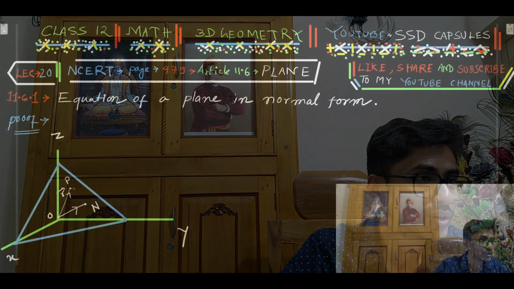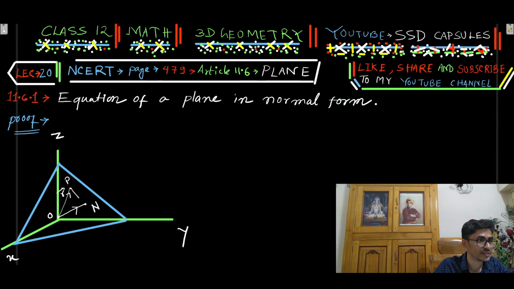Also the point P lies on the plane. So if we join this point, this is say NP vector. So NP vector lies on this plane. And the n vector is perpendicular drawn from the origin to the plane. So n vector is perpendicular to NP vector.